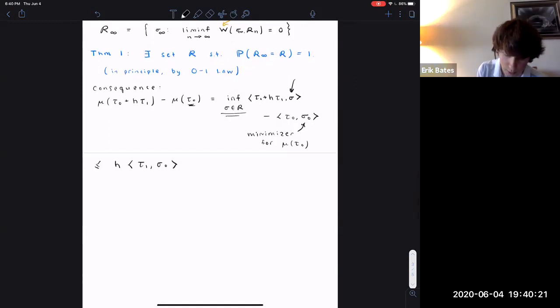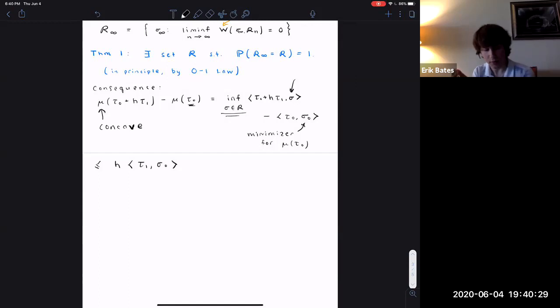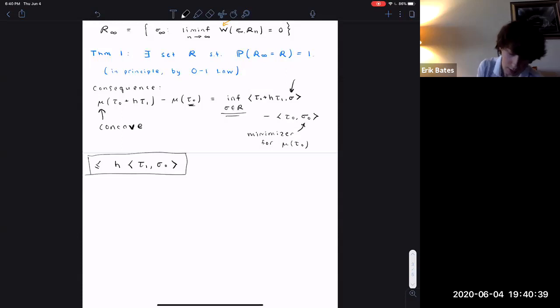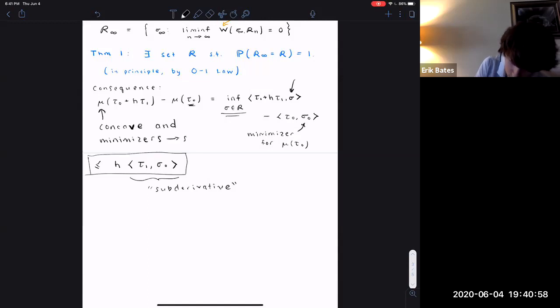So what have we actually demonstrated here? We've demonstrated that this function mu is concave. So recall that one way of defining concave functions is that for any perturbation, I can have an upper bound of this type, where here, this is expressing the subderivative. So we have a concave function and the minimizers of my variational formula lead to subderivatives.